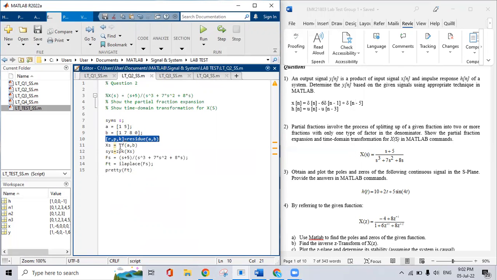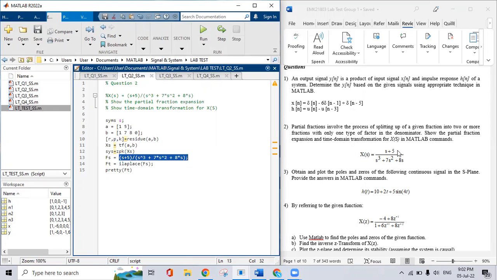And the XS, we have to convert this A and B to become something like this in order to perform inverse Laplace. So to perform inverse Laplace, we also need to type out our equations.